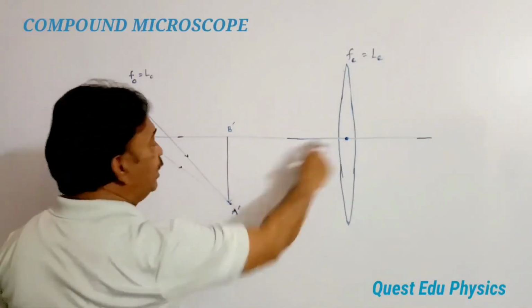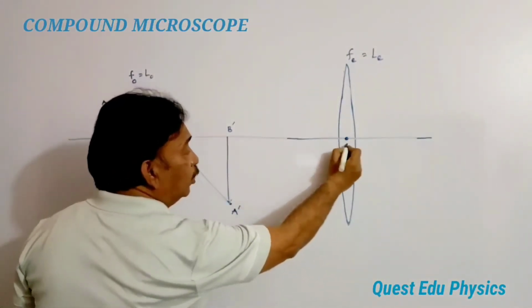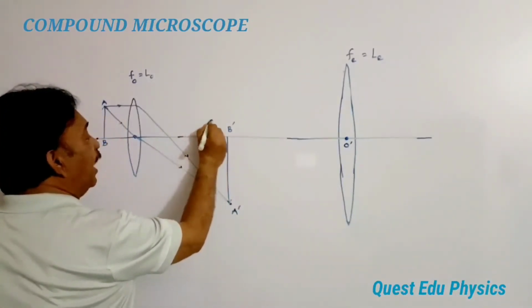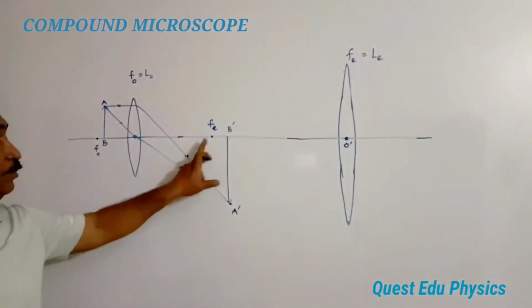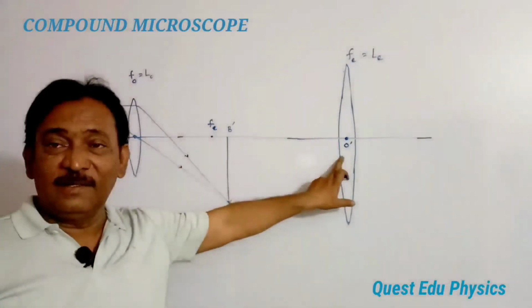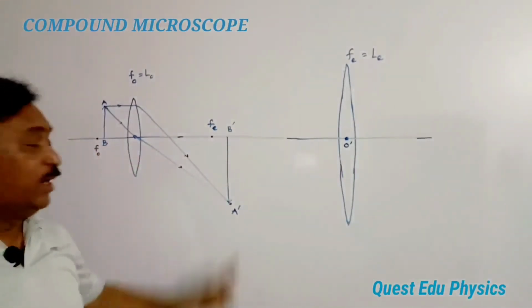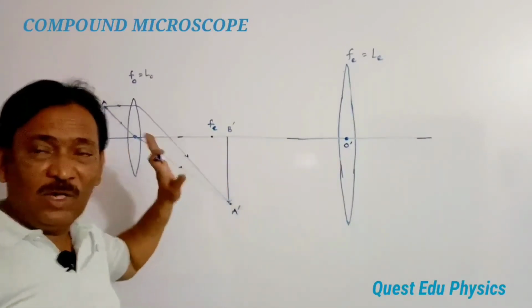I am taking this image in between the optic center and the focus of the eye lens. This image is formed between the optic center and the focus.